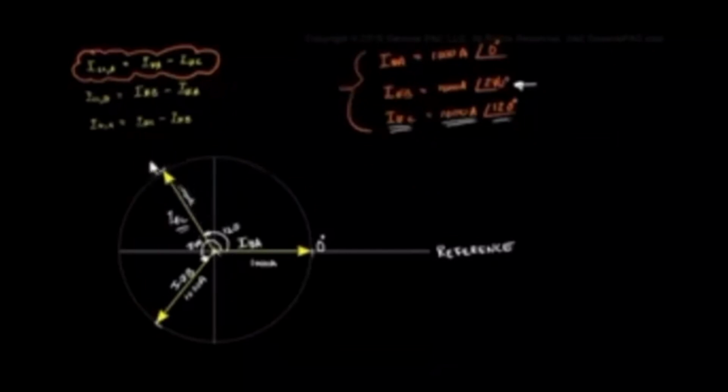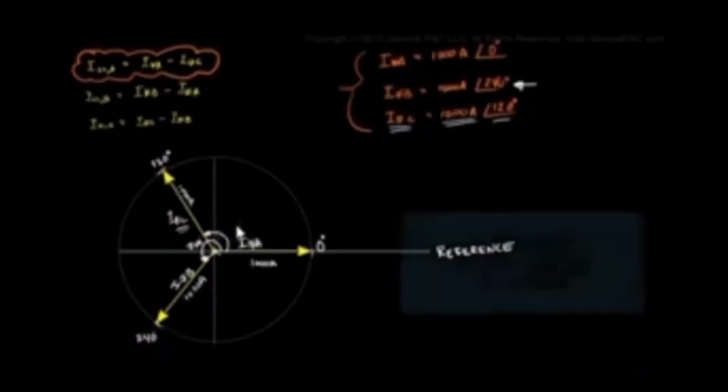So let's mark this angle here. We're saying this angle is 120 degrees, and this angle is 240 degrees. So we're going to take these phasors and subtract phase current C from phase current A.